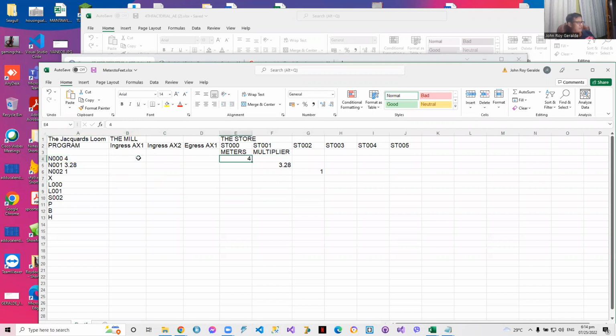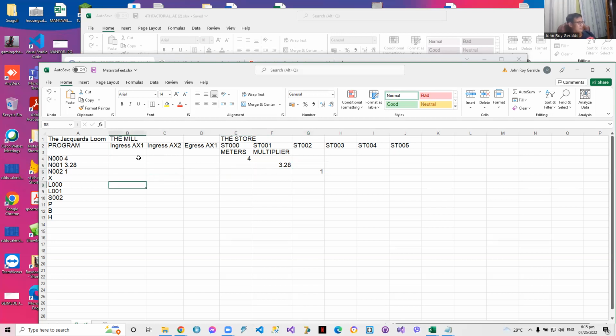N000 is 4, this is the variable, no? ST or store, no? 01, 02, 03, 04, 05. So N000, this is the input value, and our multiplier is N001, 3.28. And then N002 is 1. We will store our result here.